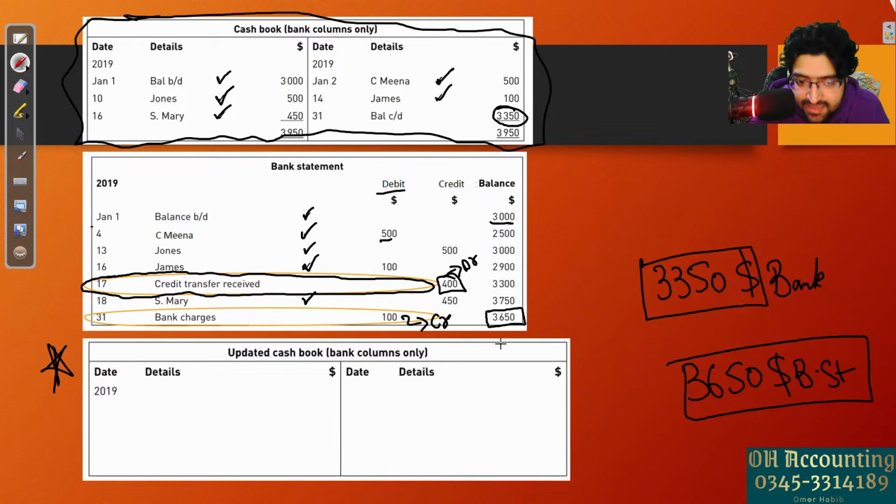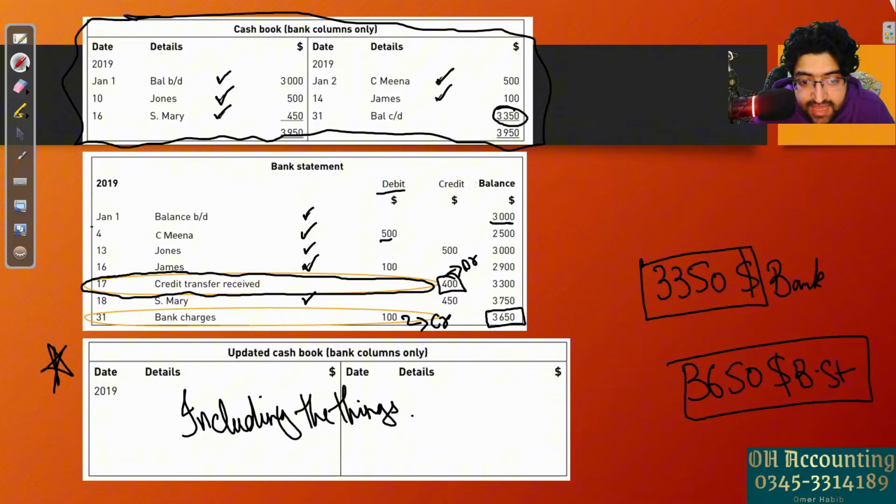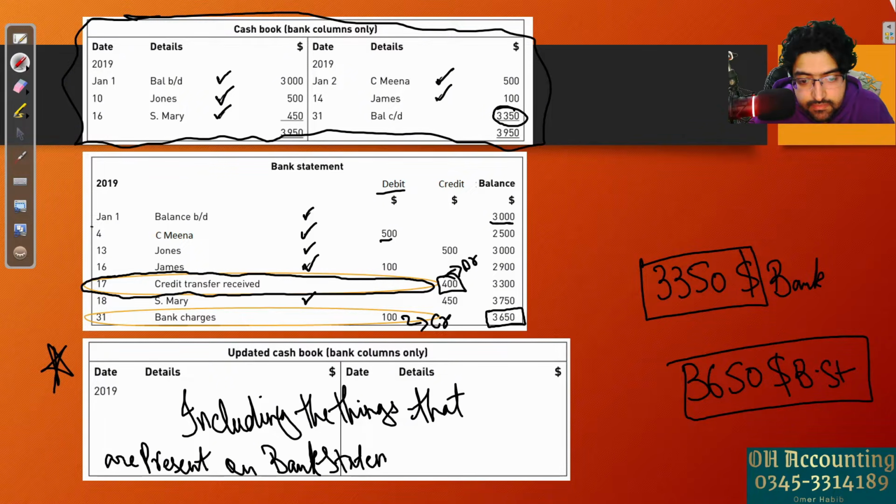Which simply means including the things that are present on the bank statement but missing from the cash book.